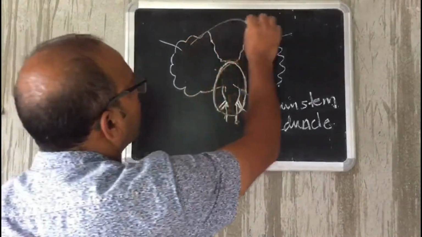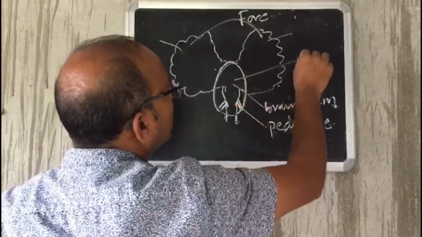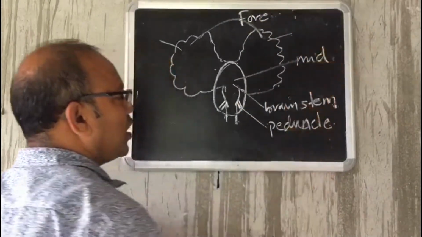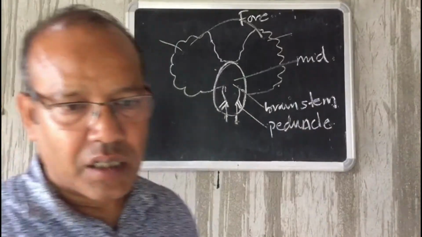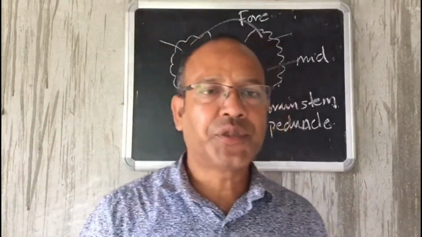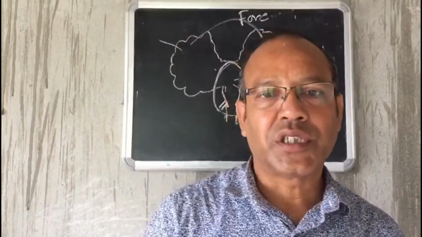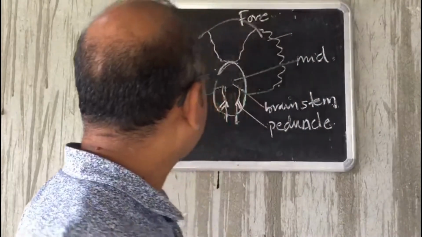These two regions make up the forebrain. This makes up the midbrain. And it helps as a center for mediating visual, auditory and tactile impulses. Now we move on to the hindbrain.